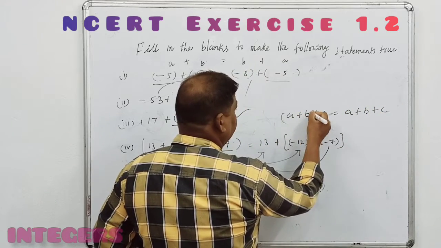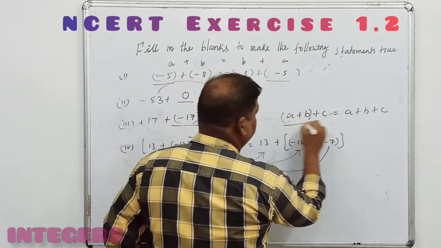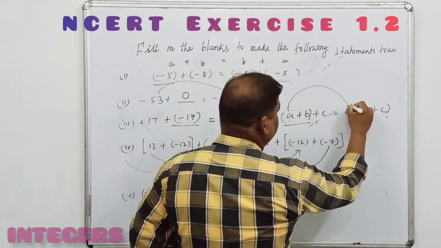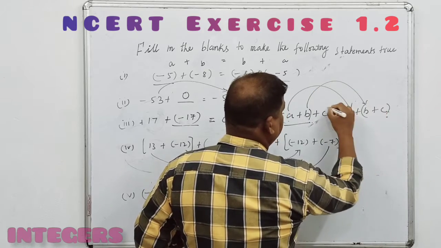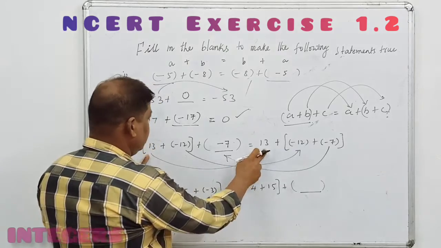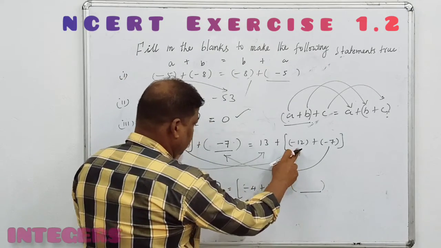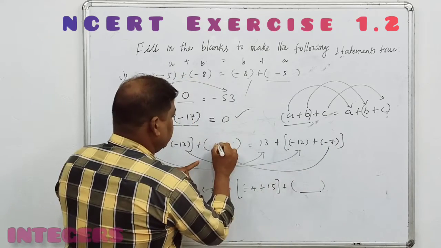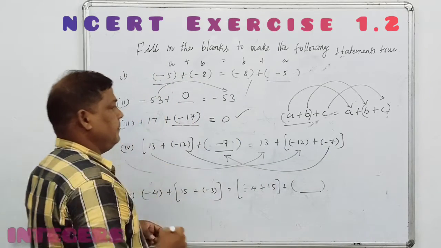So you can keep A plus B in one bracket, then B plus C in the other. Here is A, here is B, here is C. That means 13 is 13, minus 12 is minus 12, here is the blank, and minus 7 will become minus 7.